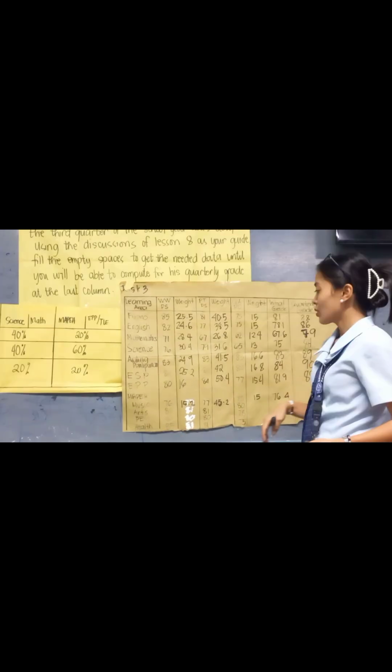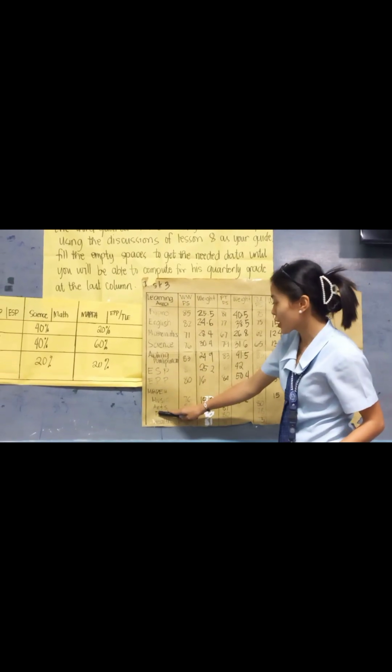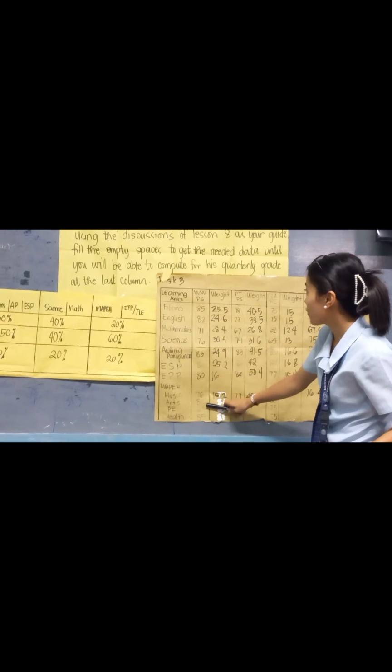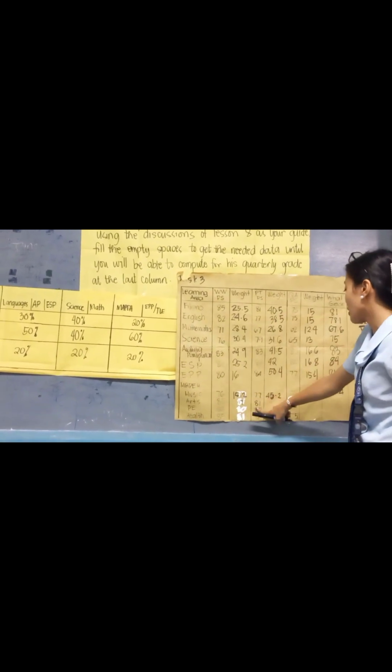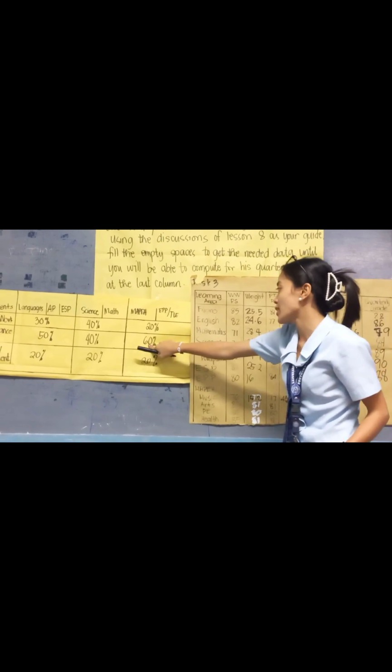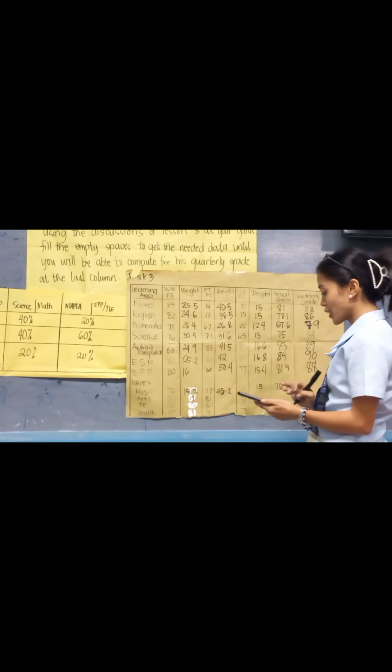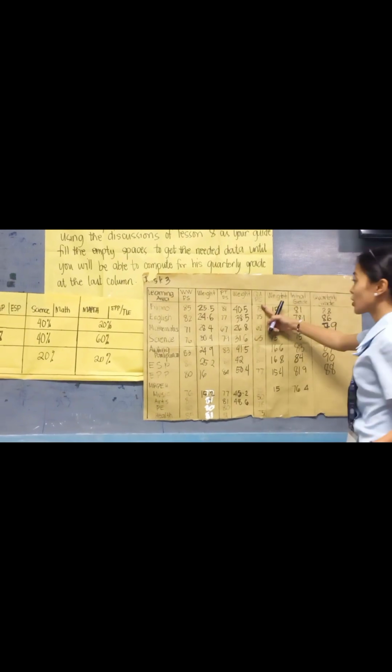Now let's proceed to the arts. So 85. So we have here the written work, so we're going to multiply it by 20%. So 85 times 0.20 is 17. So here in performance task is 81, so we're going to multiply it by 60%. So 81 times 0.60 is equals to 48.6. Let's proceed to the quarterly assessment.